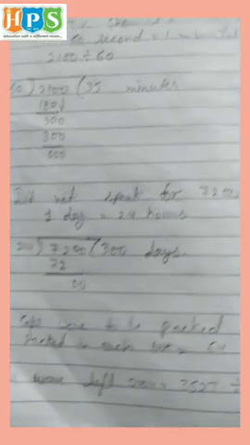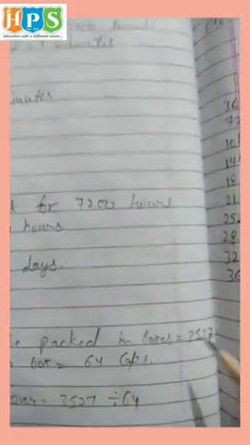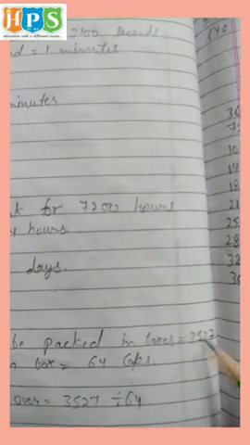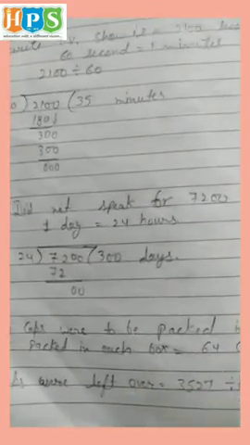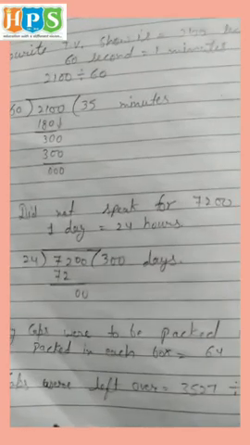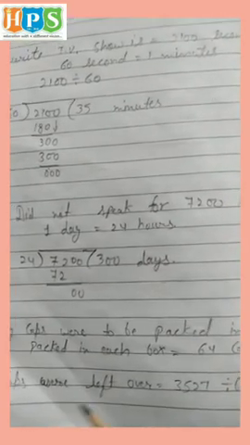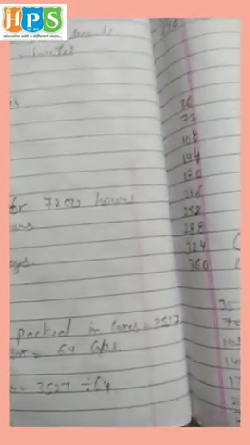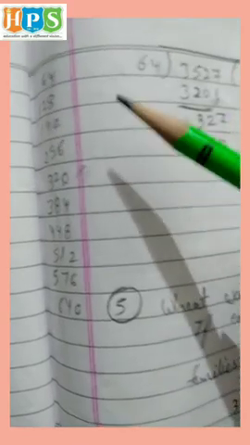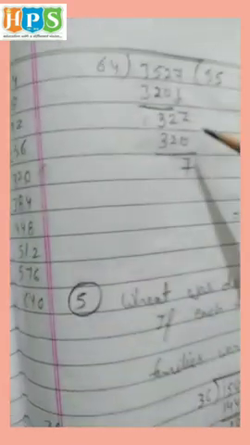Party caps were to be packed in boxes. 3,527 caps, packed in each box is 64. So we divide 3,527 by 64. Firstly we need the table of 64. This is the table of 64.